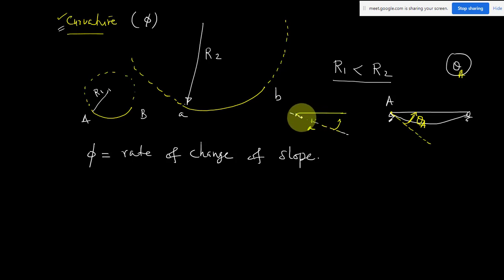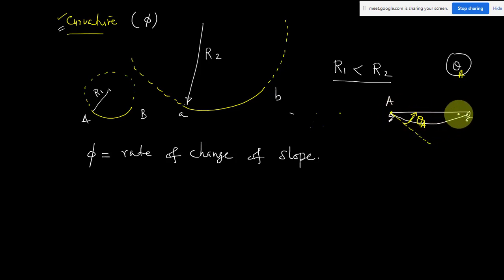So that is the physical meaning of slope. How to measure it? You draw a tangent at that point, then draw a horizontal, and then you measure the angle from the tangent to the horizontal. That will give you the value of slope at that point. If you take a point here, the slope will be maximum.